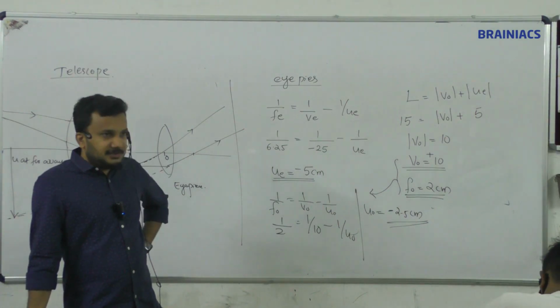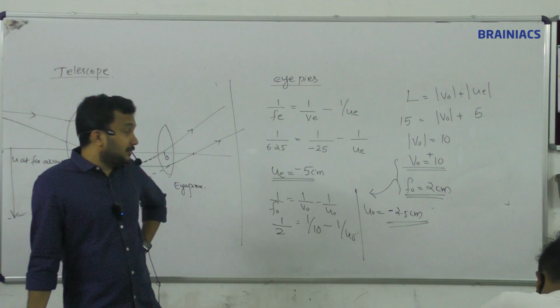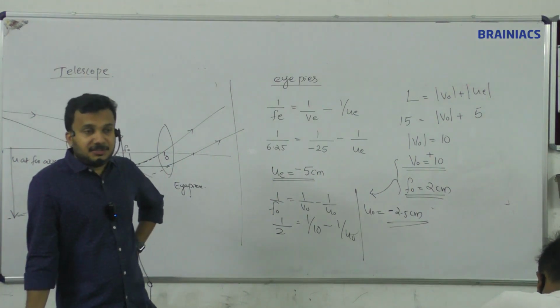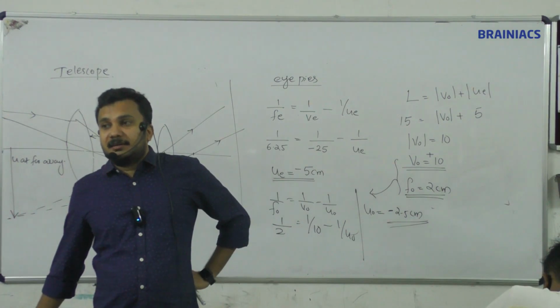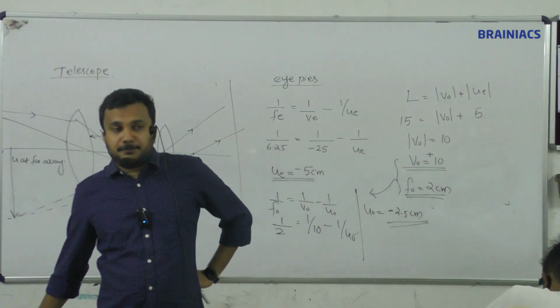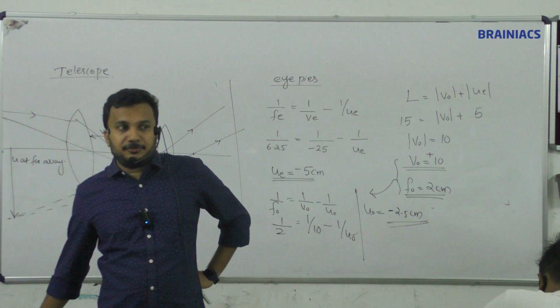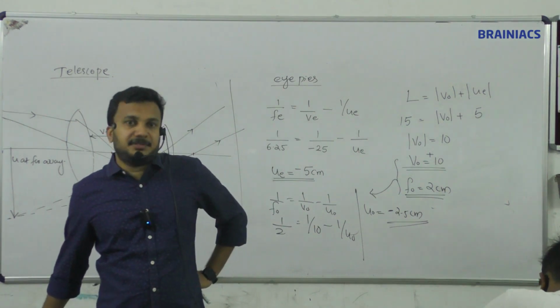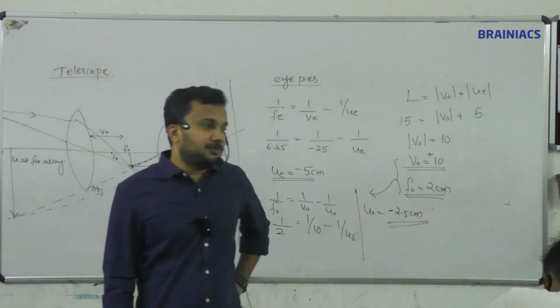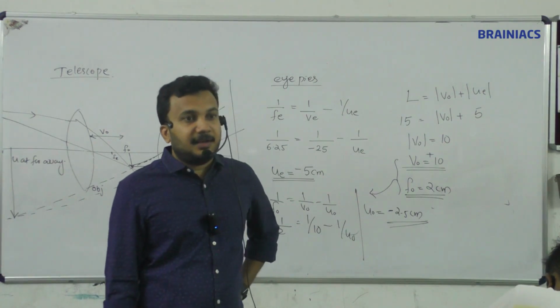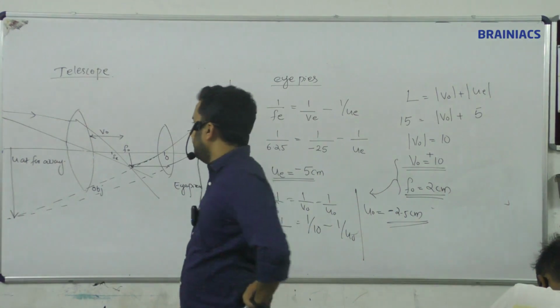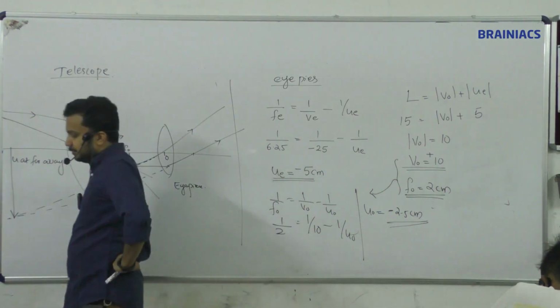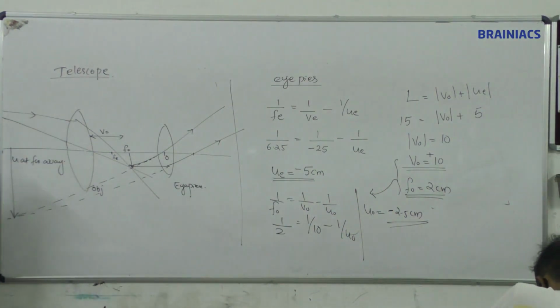This image acts as object for which lens? Eyepiece lens. This image will act as object for the eyepiece lens, and the eyepiece lens forms the final image.